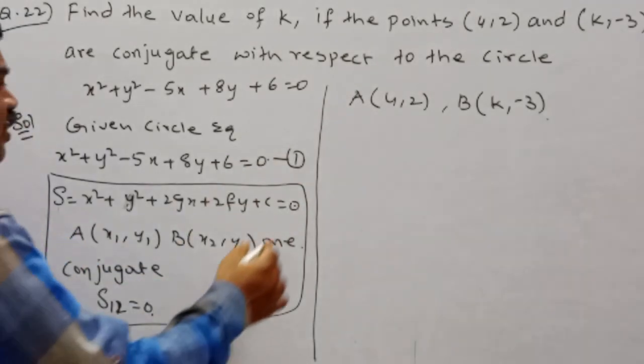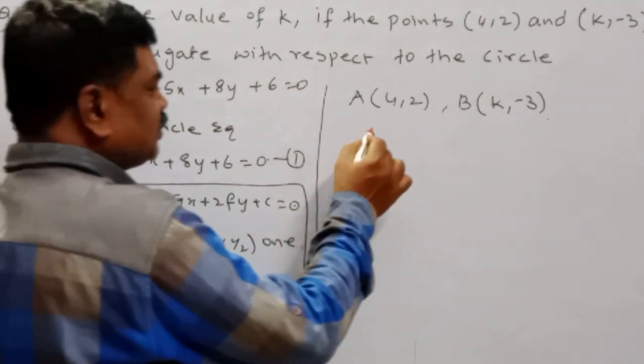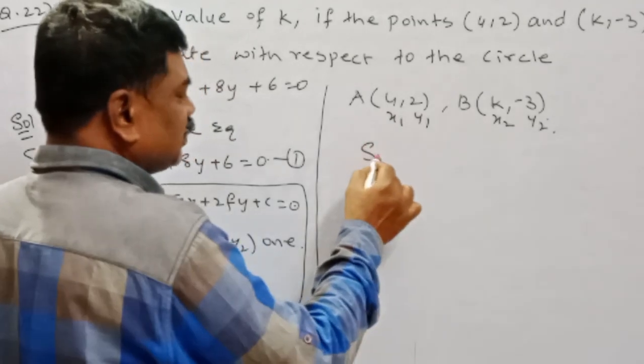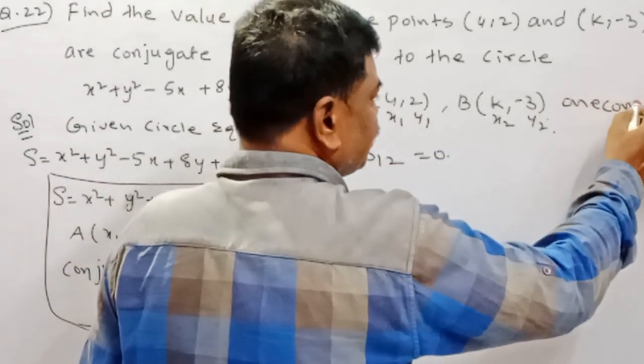Then here the circle equation is given. Let us take S, with x1, y1 and x2, y2. Then S12 equal to 0 for conjugate points.